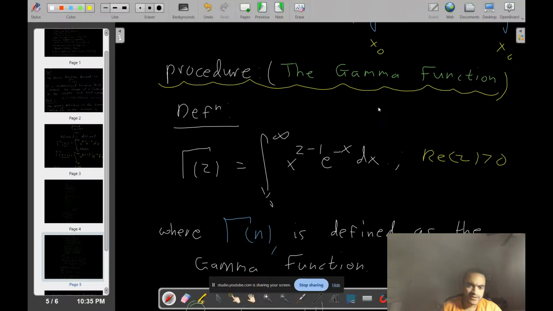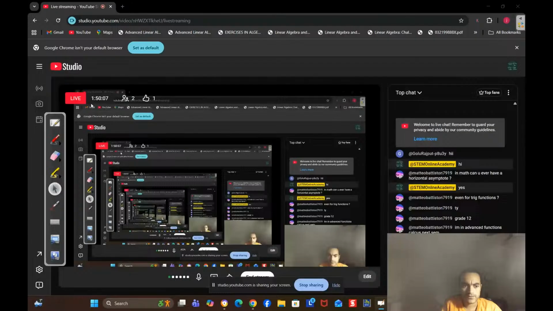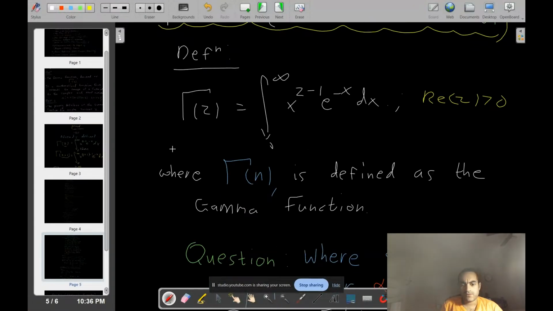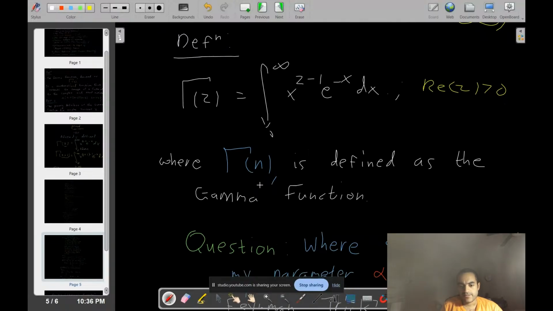I'm going to write the gamma function again. Gamma function of z as an improper integral of x to the z minus 1 e to the negative x dx, where the real part of z has to be strictly greater than 0.